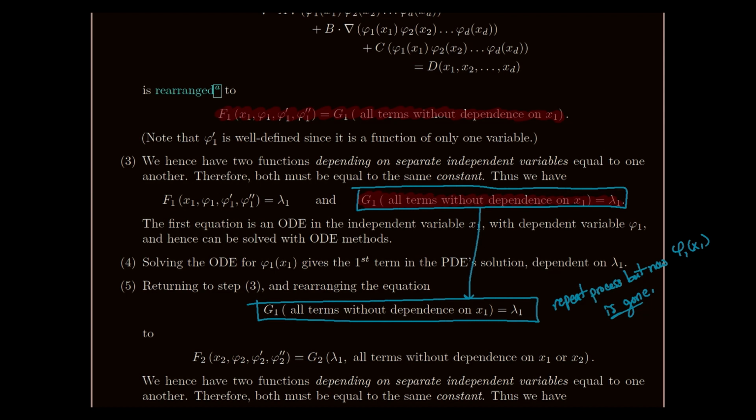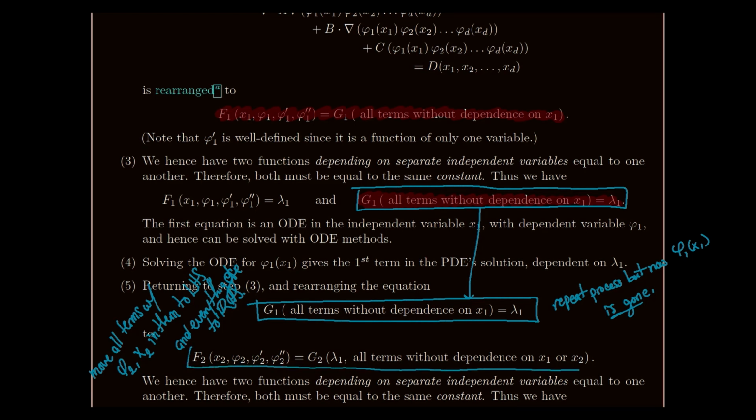And you repeat the process: you move all terms with phi2 or x2 in them to the left-hand side, and everything else to the right-hand side. Okay, so that's just like before.